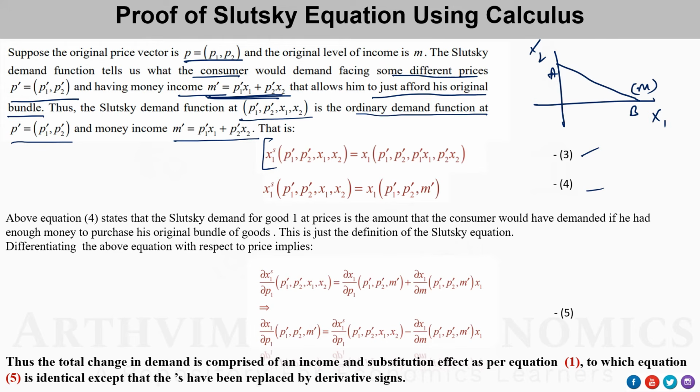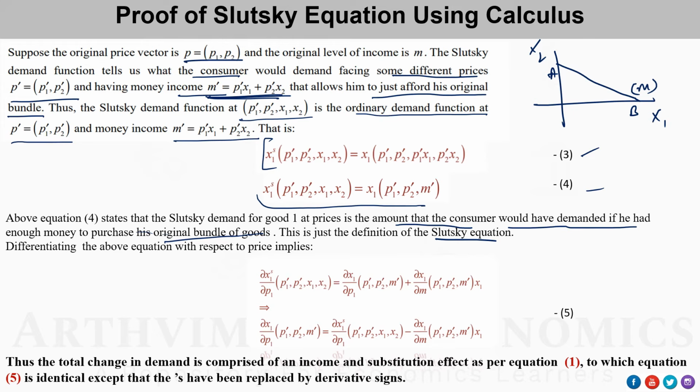Now equation 4 states that the Slutsky demand for good 1 at a price is the amount that the consumer would demand if he had enough money to purchase his original bundle of goods. So this is just by definition how we understand the Slutsky equation.